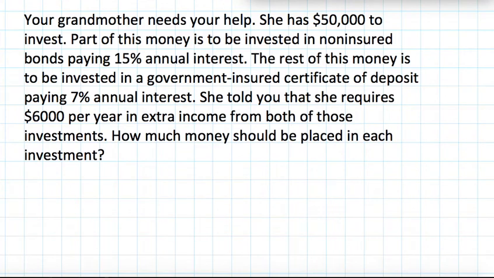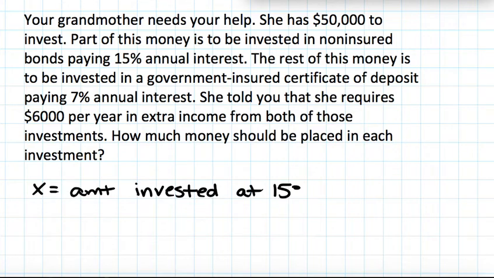So again, we have two variables here. X, I'm going to set equal to the amount invested in the 15% account, the bonds, and Y equal to the amount invested in the 7% account.